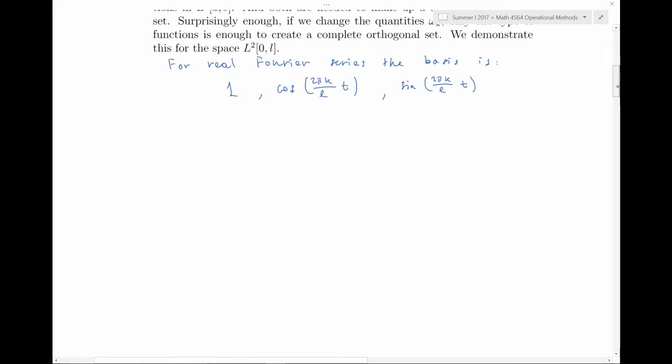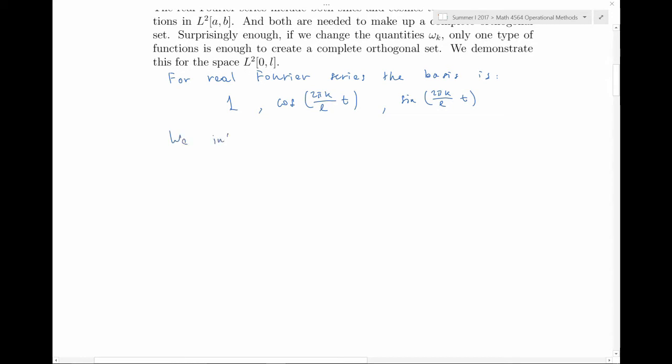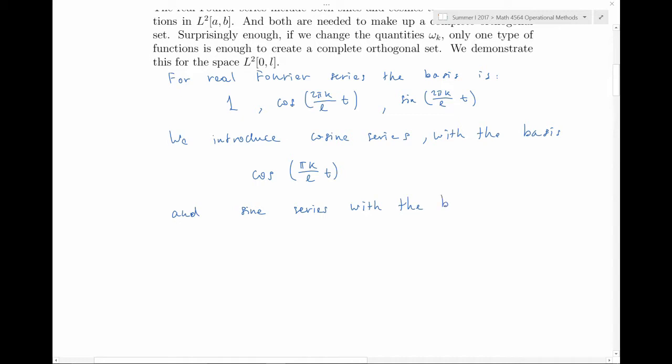If we introduce two new series, cosine series with the basis cosine of pi k over L t, and sine series with the basis sine of pi k over L t.